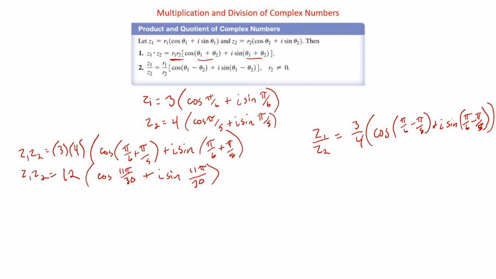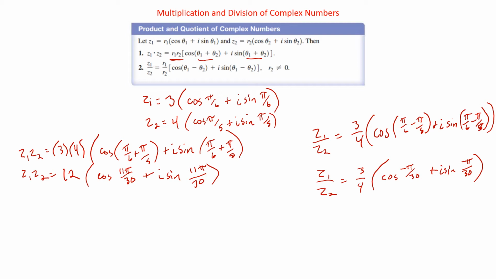So z1 over z2 is 3/4 times cosine, pi over 6 is 5 pi over 30s minus 6 pi over 30s, so cosine of negative pi over 30 plus i sine negative pi over 30.